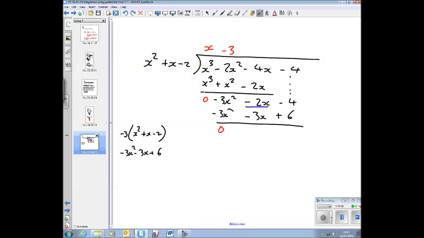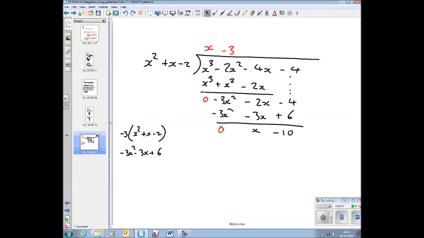Minus 2x, as I'm subtracting this, minus 3x is plus 3x, minus 2x plus 3x is plus x. And the last one, minus 4 minus 6 is minus 10.